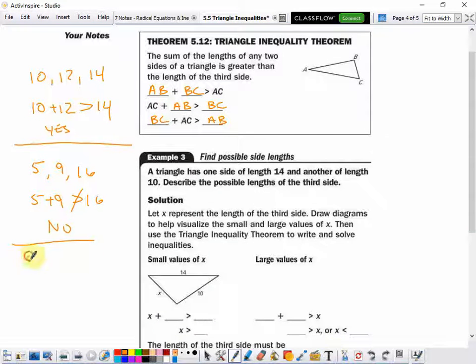What if the sides are 5, 5, and 10? The two shorter sides, 5 plus 5, are greater than 10? Nope, that's not true. They equal 10. They can't be equal. So the answer is no. They cannot make a triangle.